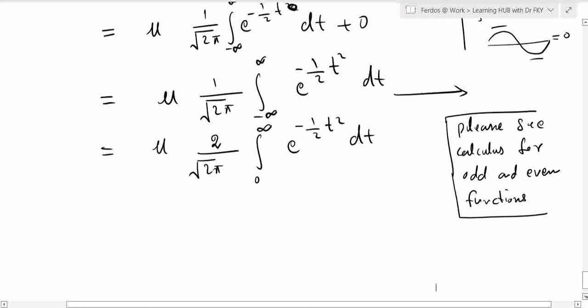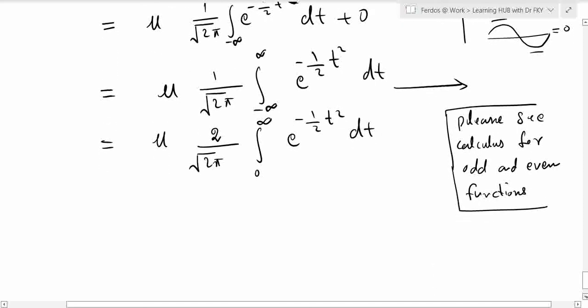So now we need some other substitution. Let's suppose 1 divided by 2 t square is equal to p.